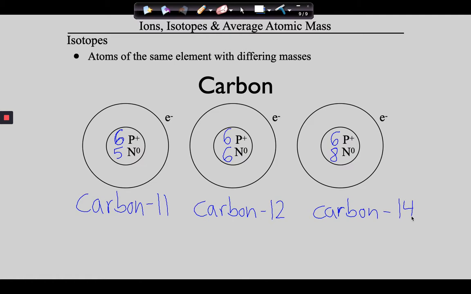Guys, it's the average. They take the mass of carbon-11 times how much of it is carbon-11, the mass of carbon-12 times how much of it is carbon-12, and how much of it is carbon-14, and they add those all up. It's just like calculating your GPA. How many A's did you get times 4? How many B's did you get times 3?